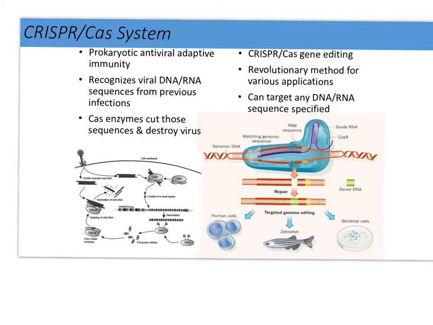So bacteria and archaea actually have a way, they have an adaptive immune system. And it was discovered, I don't know, fairly recently. And it recognizes viral RNA or DNA, whichever it is. And then it's got these enzymes.